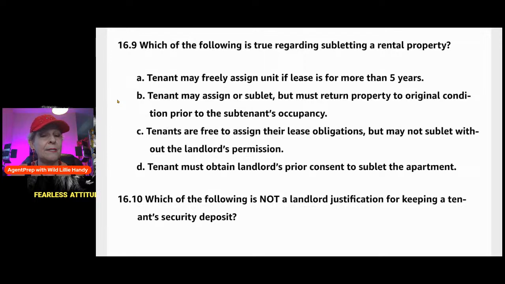B, tenant may assign or sublet, but must return property to original condition prior to the subtenant's occupancy. C, tenants are free to assign their lease obligations, but may not sublet without the landlord's permission. D, tenant must obtain landlord's prior consent to sublet the apartment.